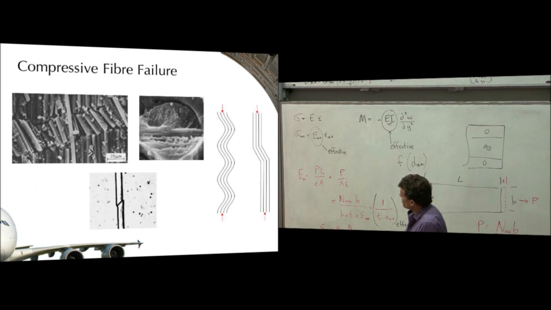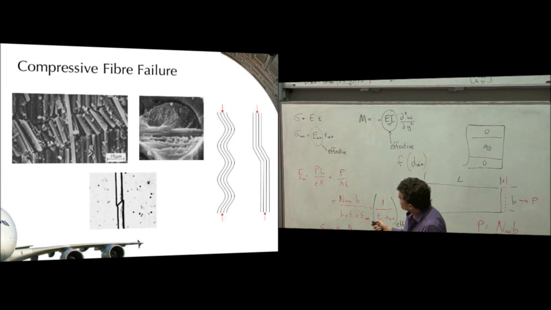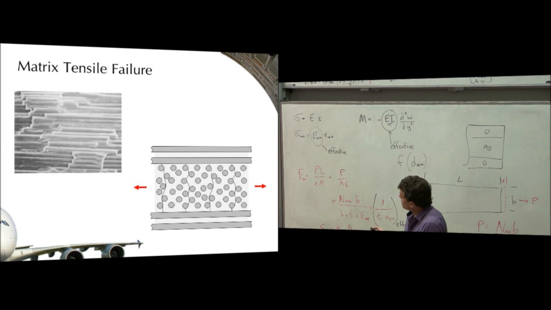But basically, as I've said, they can fail in different ways if you load them in tension. If you load them in compression, you'll see different things: micro-buckling and kinking, fibre shear. If you load the matrix in tension, you'll get cracking in the matrix.